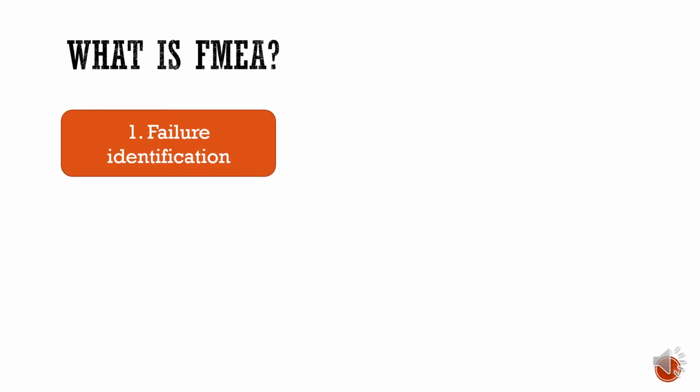Let's take a look at a more detailed explanation about FMEA. As mentioned before, FMEA is a systematic or structured approach. First is for failure identification, where this method is used to identify the ways in which a product or process can fail.